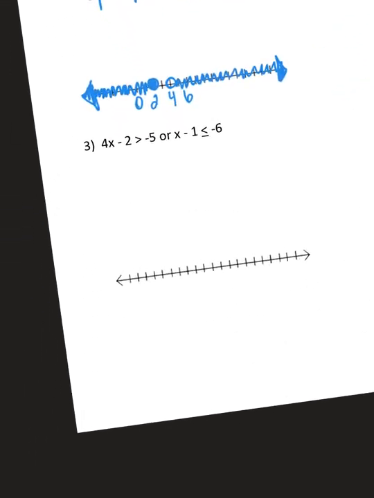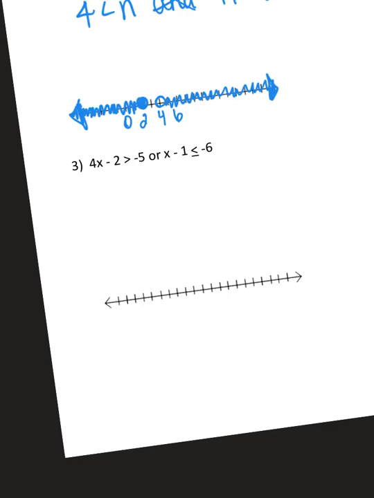All right, let's take a look at number 3. So a compound inequality, but this time we need to solve for the variables before we can graph. So we're going to look at just this inequality first, and we're going to solve for x. So we're going to add 2 to both sides, and we get 4x is greater than -3.